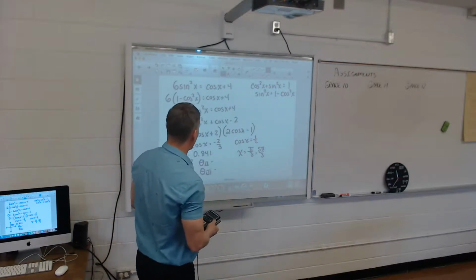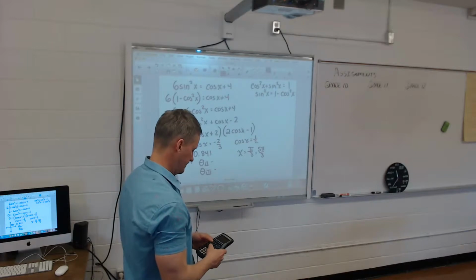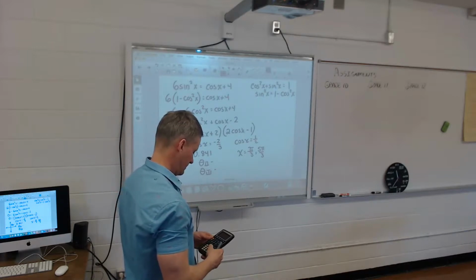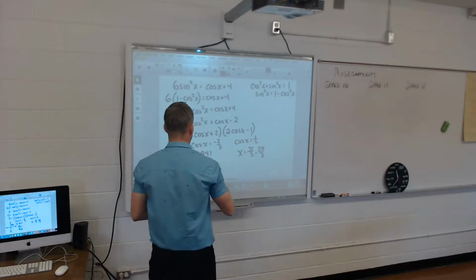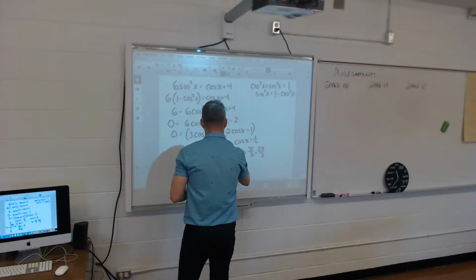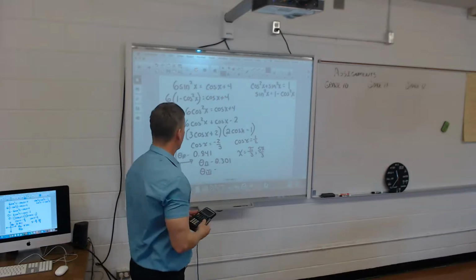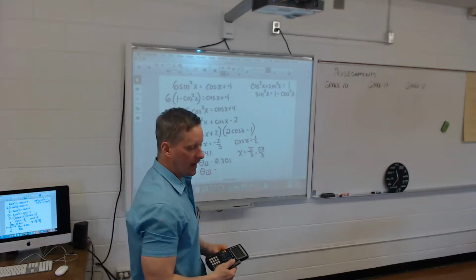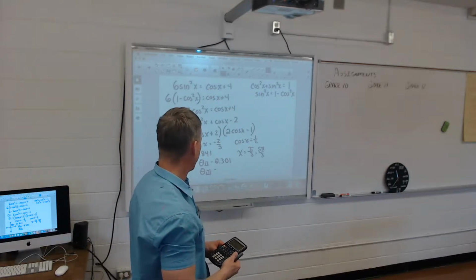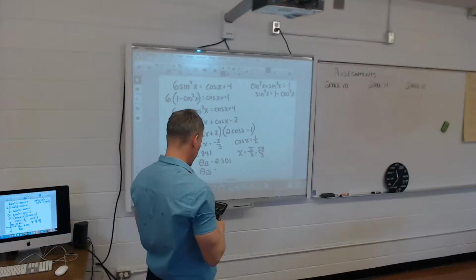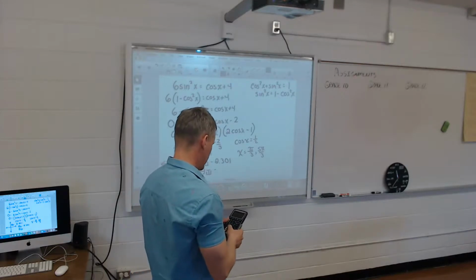Cos is negative in quadrant 2, and cos is negative in quadrant 3 as well. So 0.841 plus pi.